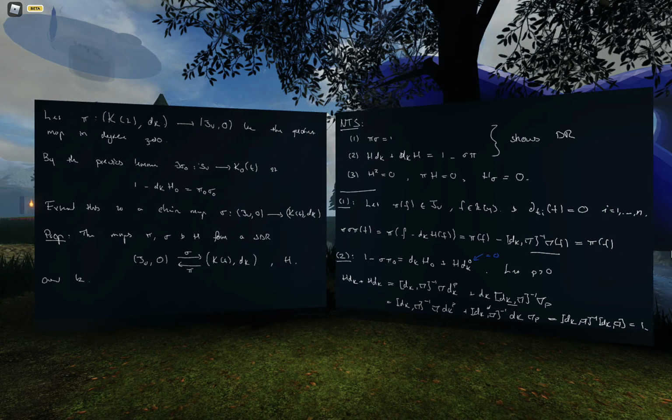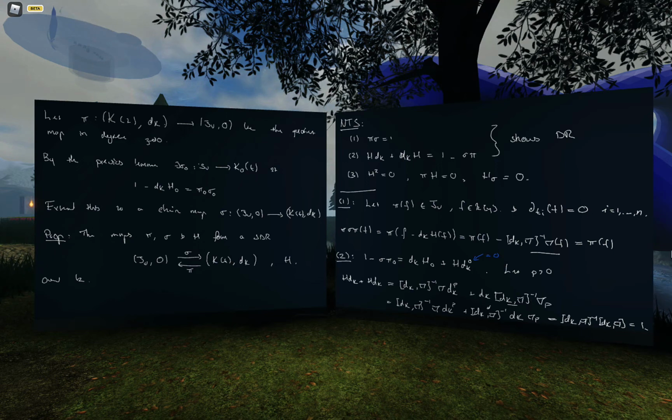Okay, so away from degree 0, again, this is clear. And then in degree 0 we have h of sigma pi. Well, this is just h minus h dk h.